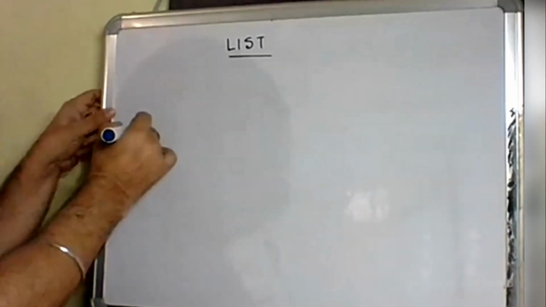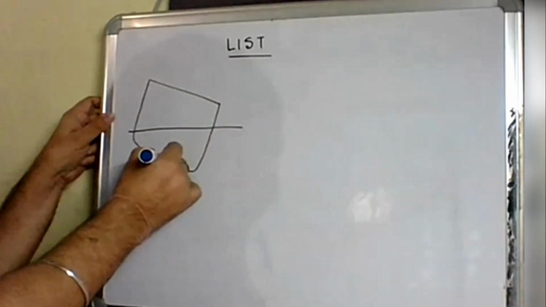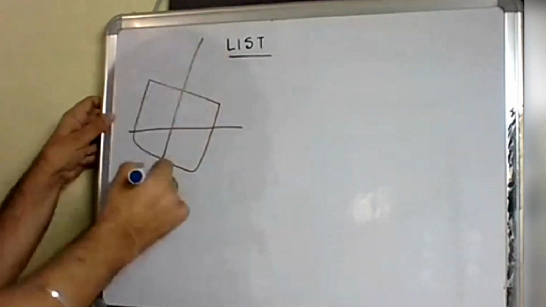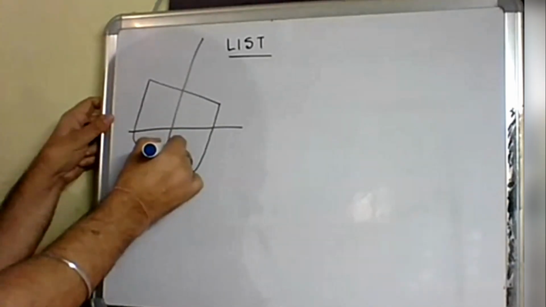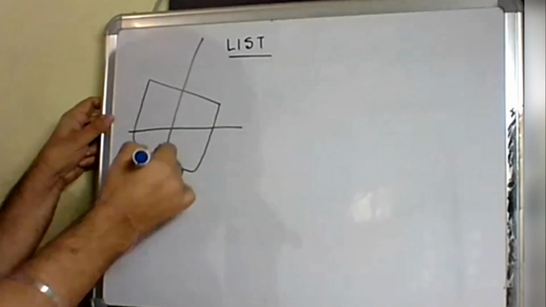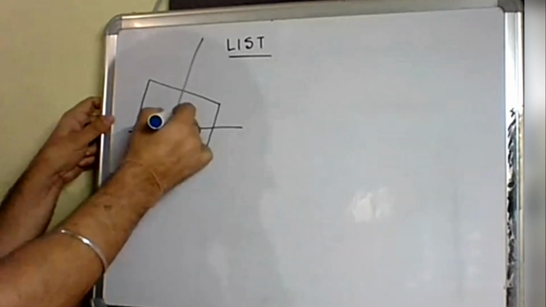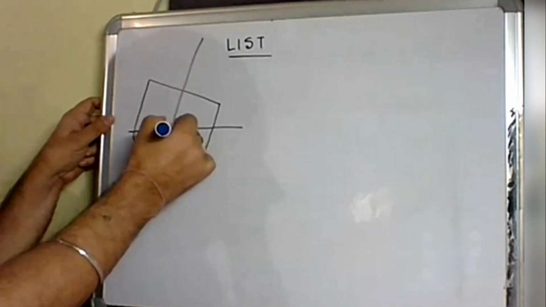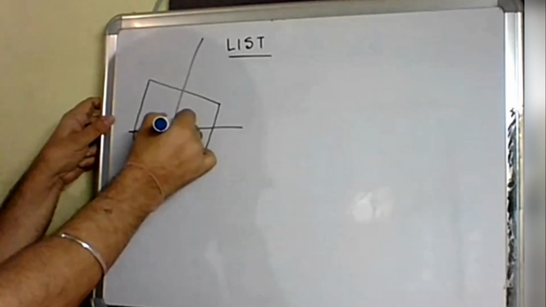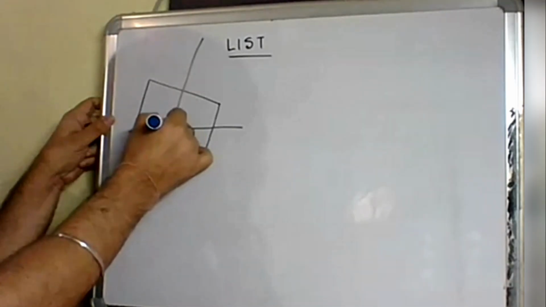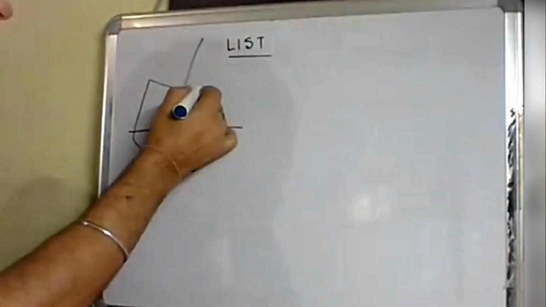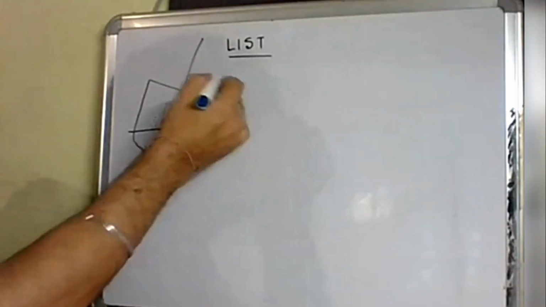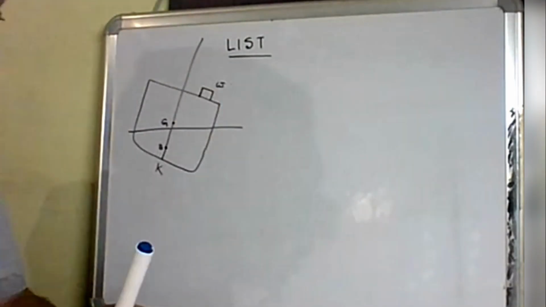List से शुरू करते हैं. What happens in the case of a list is, when the weight W was loaded in a transverse direction, this is the weight W, which is loaded transversely.